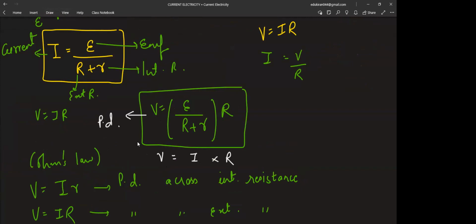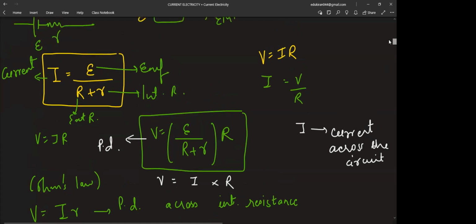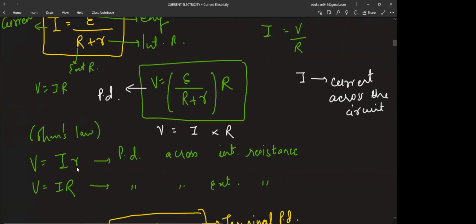Now look, I is the current across the entire circuit. So if I want to find out the potential difference specifically for the internal resistor, using Ohm's law, I will get V is equal to I into small r.